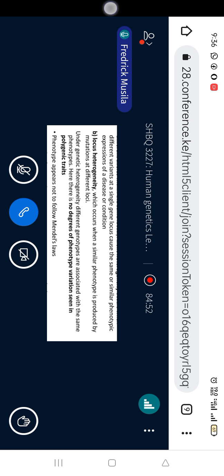When you compare the autosomal gene and the sex chromosome gene, you can say that's a case of locus heterogeneity, because a similar phenotype, retinitis pigmentosa, is produced by mutations in different loci.